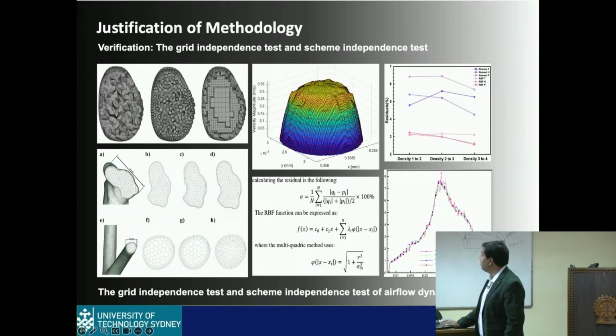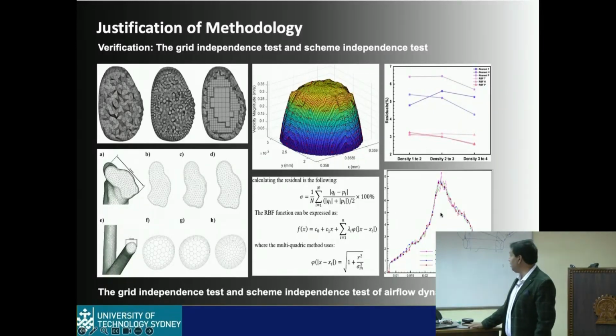And then we did some mesh dependence test. This is the way we calculated the residual, and we did it for density 1 to 2, 2 to 3, and 3 to 4, and then we compared our results, and from there we got our validated model.